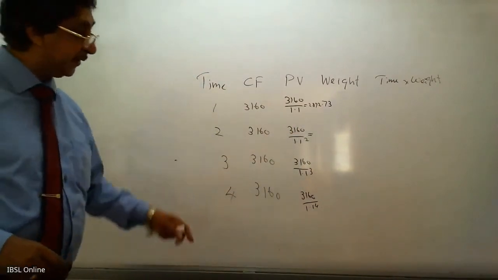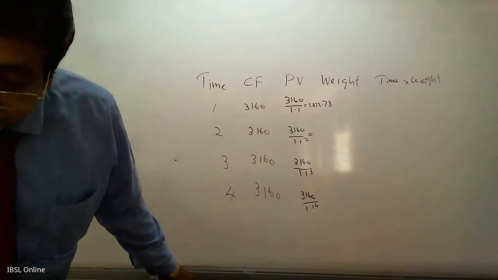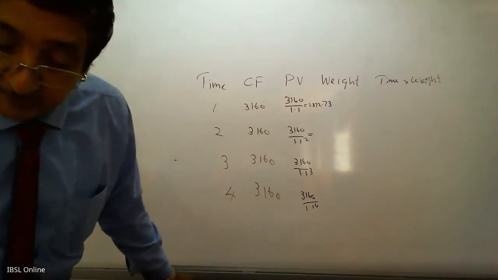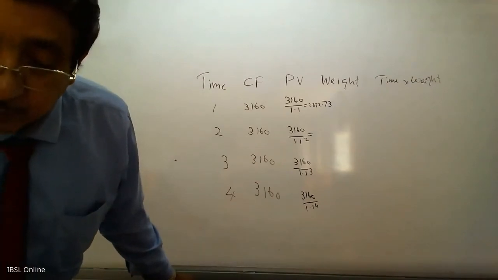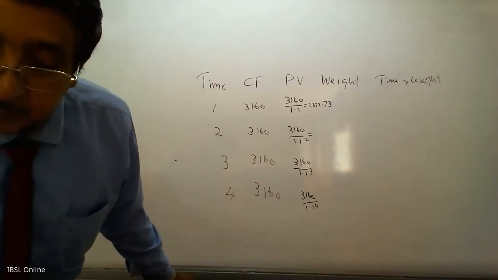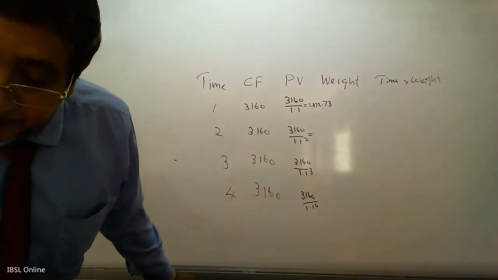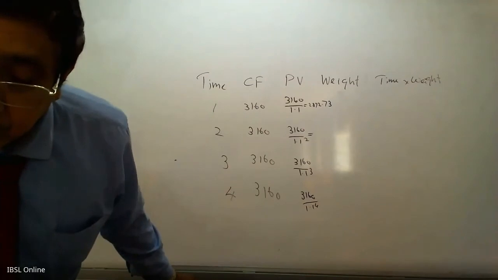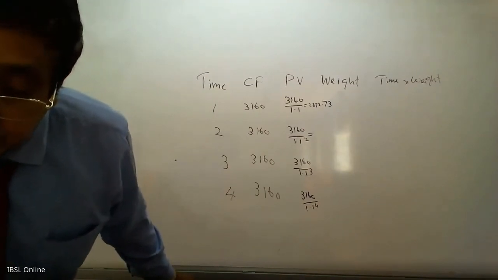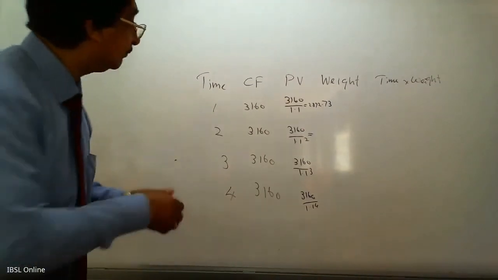Then the second one you get 3,160 divided by 1.1 to the power 2. That is 2,611.57.